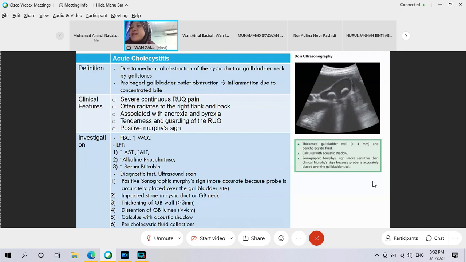And ultrasound you will find there are stones and also inflammatory process that we can see from the ultrasound, which is thickened gallbladder and pericholecystic fluid because of the inflammation. If it's only biliary colic, you cannot see all those signs in the ultrasound. Okay? Okay, doktor. Boleh? Okay, proceed.